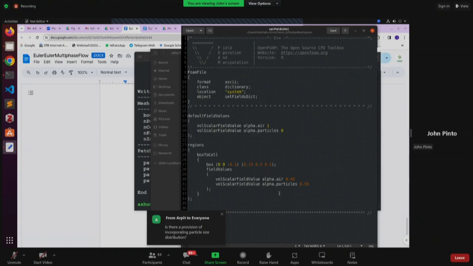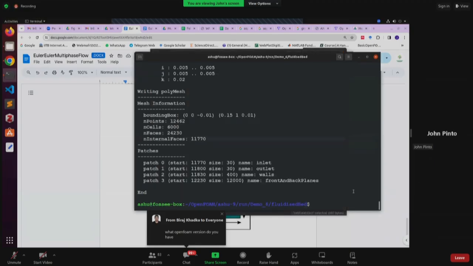The maximum they can occupy is 0.63, so we have given a slightly lesser value, 0.55, for the particles, and the remaining, 1 minus that, should be given to the air. So in the bottom half, we are defining that 0.45 of the volume is air and 0.55 of the volume is particles. This is our initial condition, and in the rest of the places it is complete air and particles are 0.